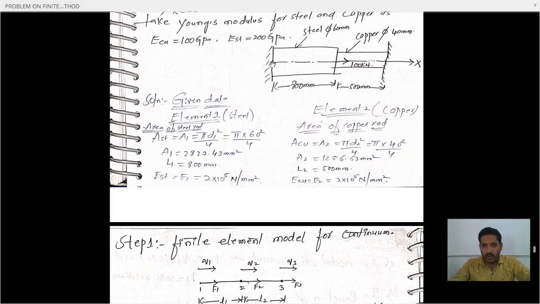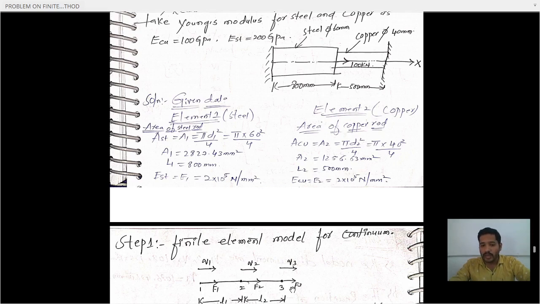This is the first node, the second node, and this is the third node. The force F1 is acting at point 1, so nodal force is acting at point 1, and the nodal displacement Q1 is also at point 1. F2 is the nodal force acting at point 2, and the nodal displacement Q2 is at point 2.